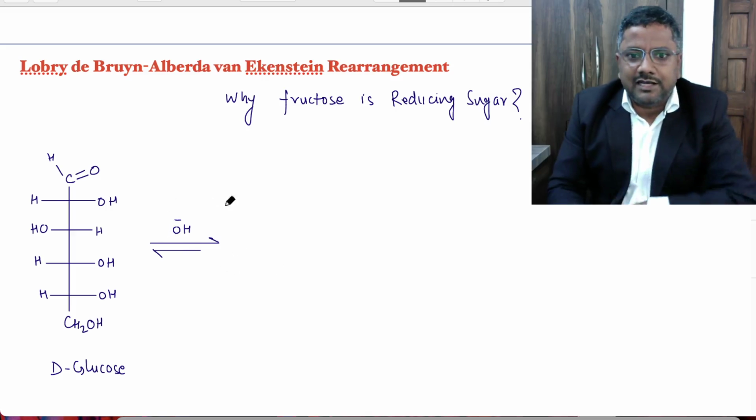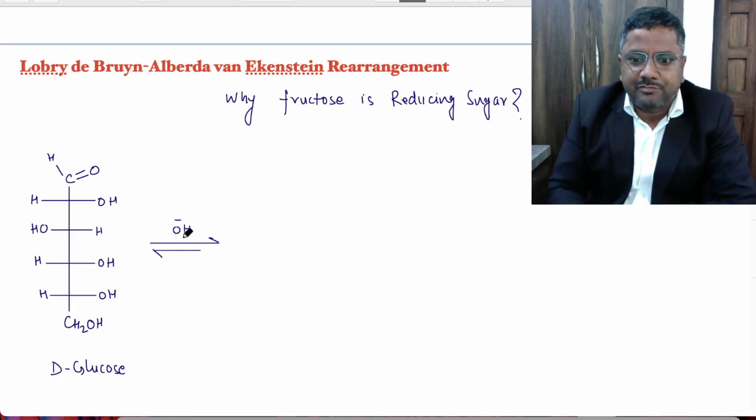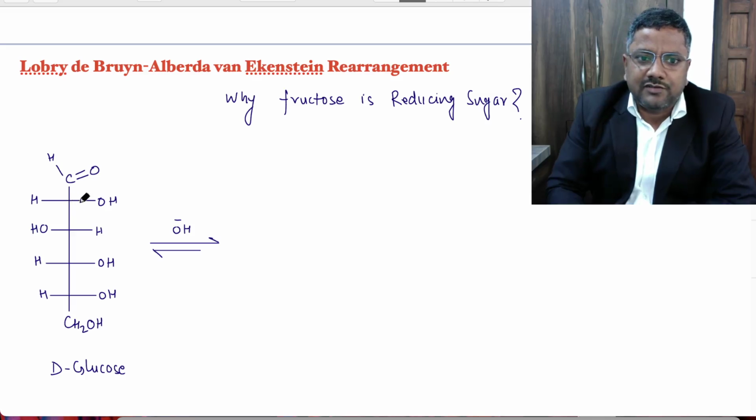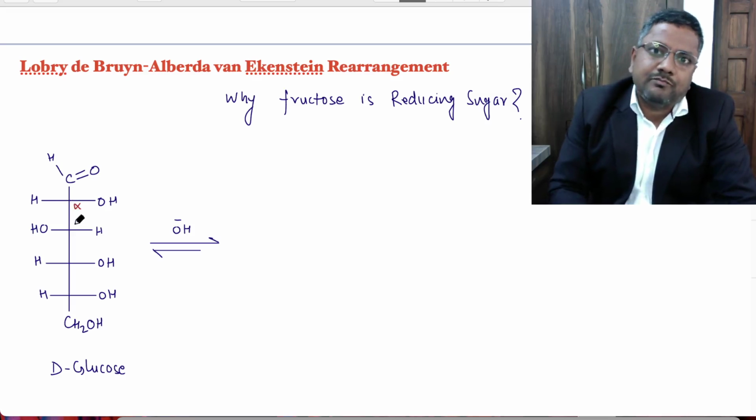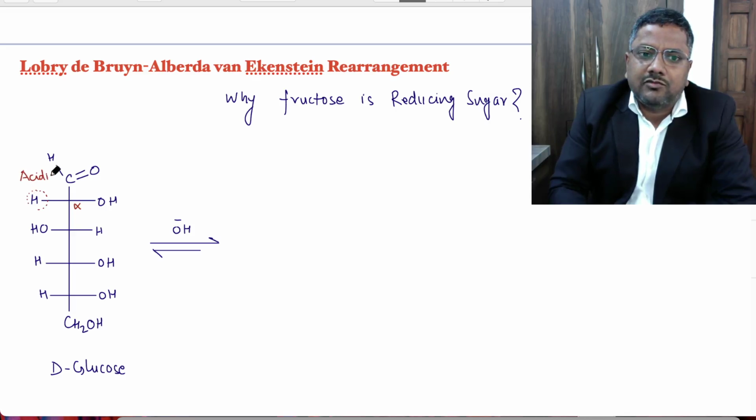So that alkaline medium is a basic medium. So all of you know that the alpha carbon of a carbonyl compound, so this is the alpha carbon, although this is not purely an alkyl group, but this is a hydroxy substituted alkyl group. So this hydrogen is acidic. Alpha hydrogen is acidic. All of you know.